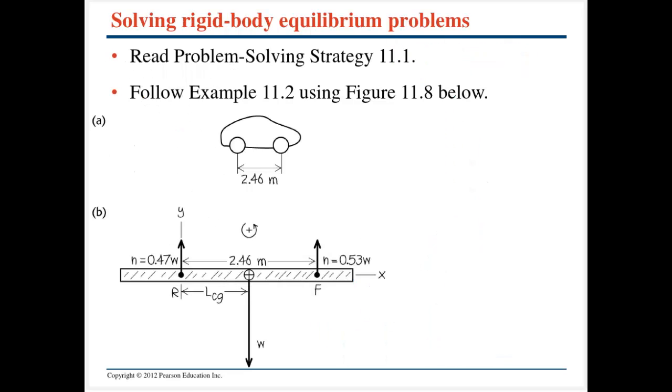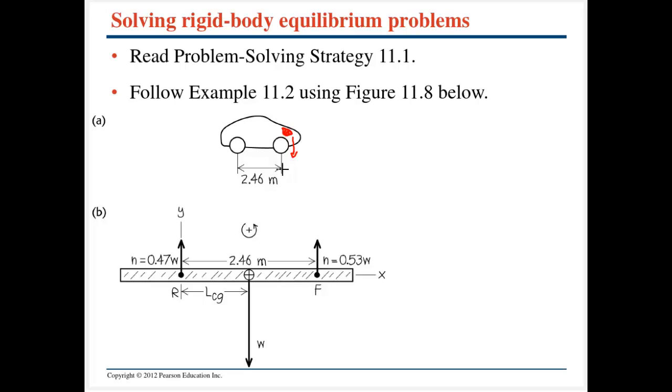So let's take a look at solving equilibrium problems. For example, suppose we have a car, and you know that a car is going to have more weight up front than in the back because you have the big heavy engine pulling down on it. And suppose you wanted to do some crazy Dukes of Hazzard style stuff and get your car airborne. You want to figure out where the center of gravity is.